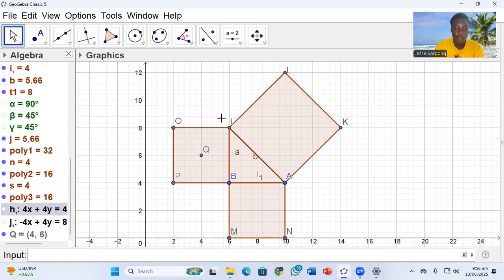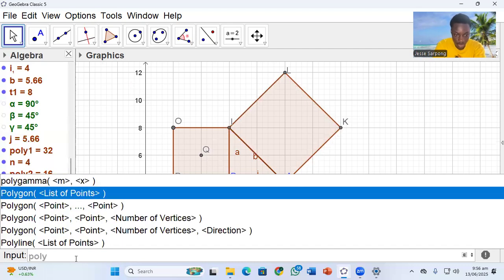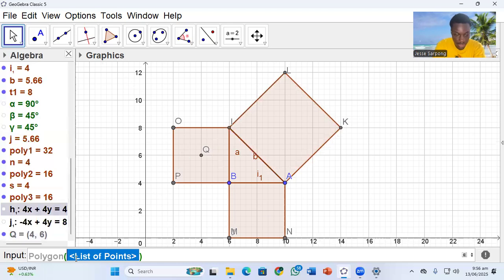I want to get four triangles, so one here, one here, one here, 4 triangles in a square. Now I'll use my polygon, list of points. The first one I'll be doing is Q, comma, O, comma, I. This is the first one I've done.